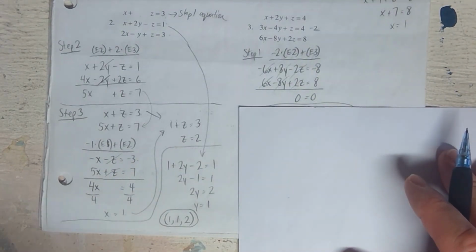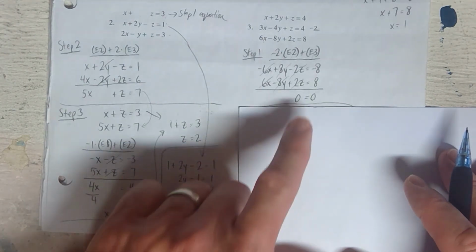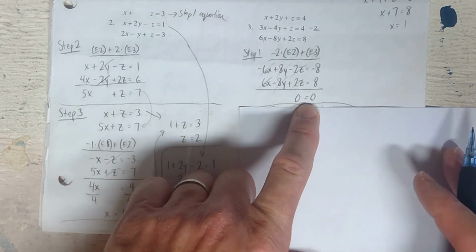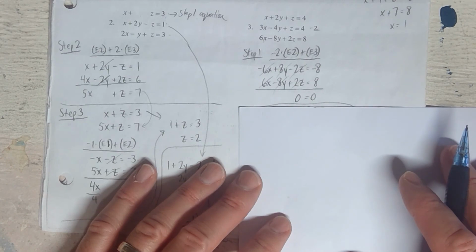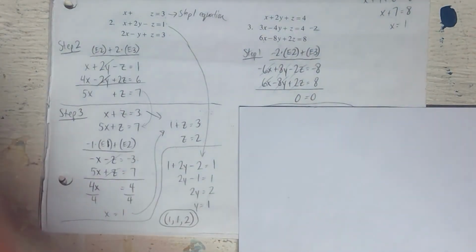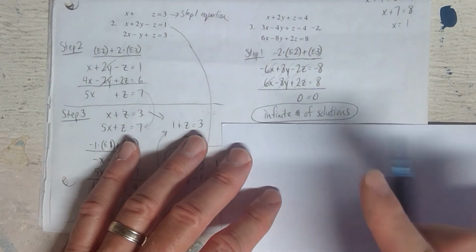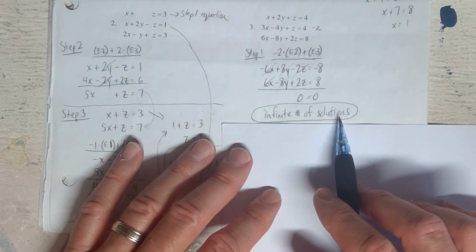But again, what did we say when your result is 0 equal to 0 with no variables? That's a situation where the variables disappeared, but the statement is true because 0 and 0 really are equal to each other. And when you have a 3-variable system, you don't need the fancy brackets that we had back in section 3.1. You don't need to do those. We just have to say infinite number of solutions when it's a 3-variable system.